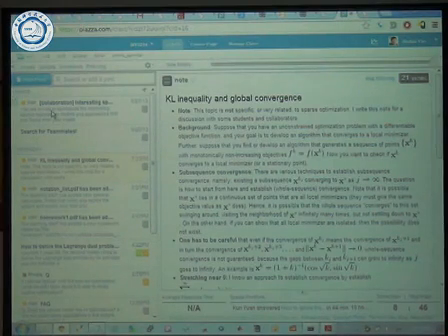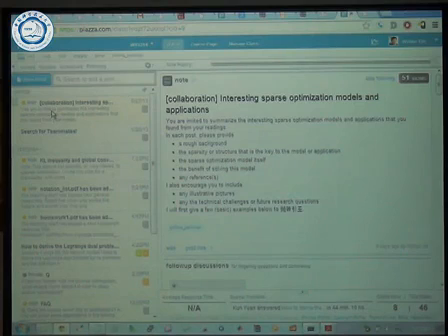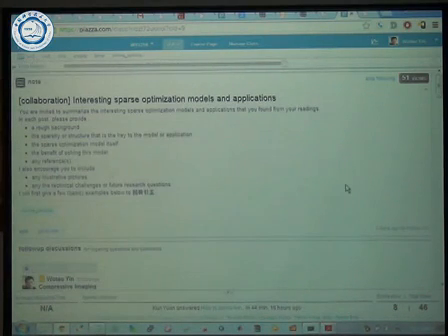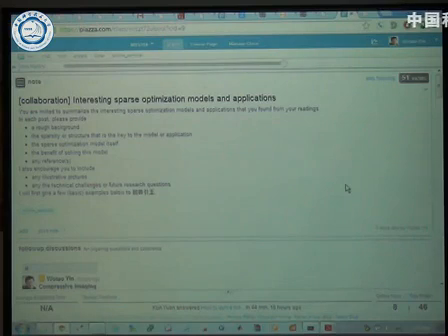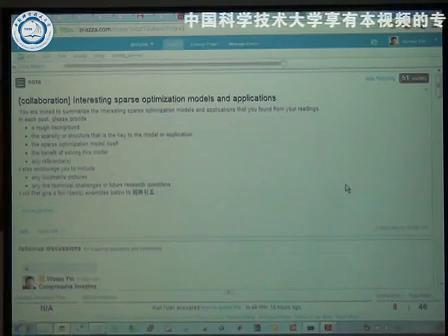Okay. Now this lecture we're actually going to start from this online collaboration. We're going to start talking about interesting smart optimization models and applications first, to kind of motivate the rest of this course.